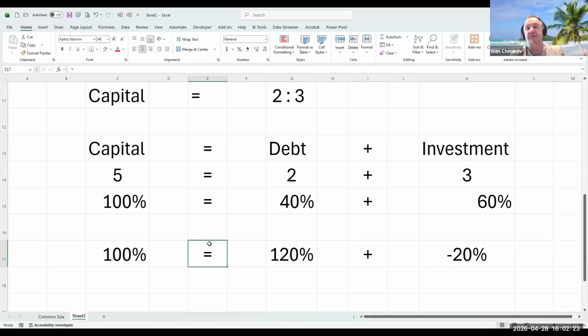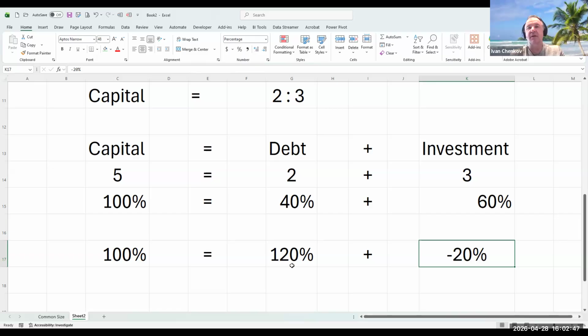I'm generating losses. Can I keep my equity minus 20%? No. So what do I have to do? Once this happens, I have to put those 20% from my pocket to increase the equity.